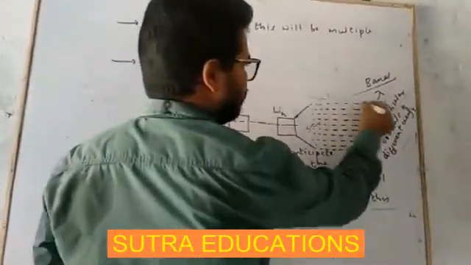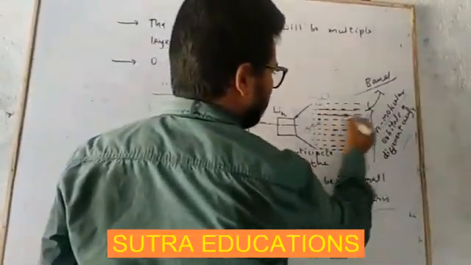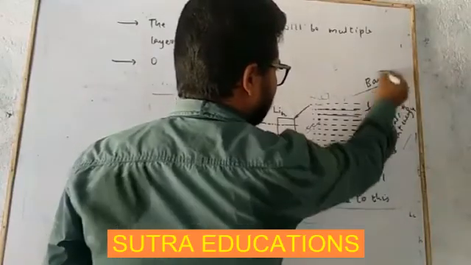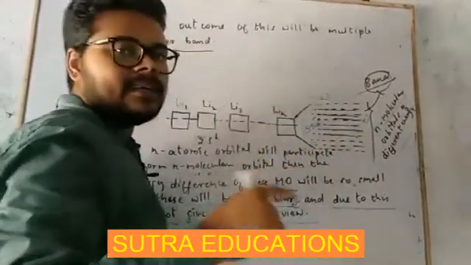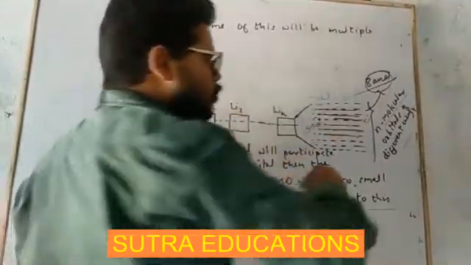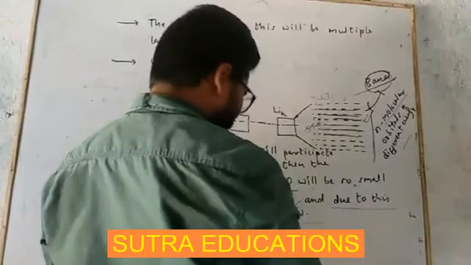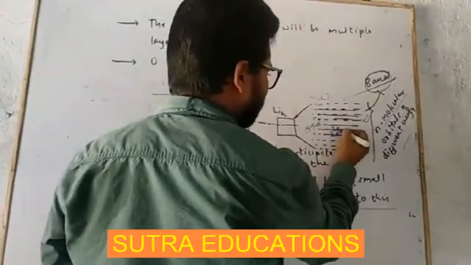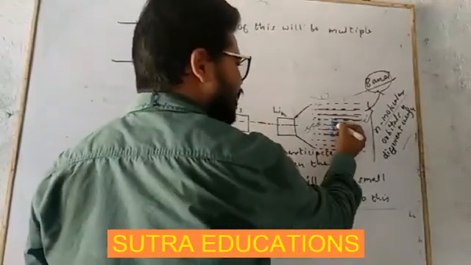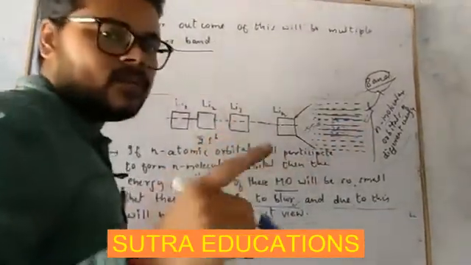Since I told you these are bands, so these are layers of the band. So each layer can accommodate 2 electrons. This layer can accommodate 2 electrons, this layer can accommodate 2 electrons. Every layer is capable of accommodating 2 electrons.